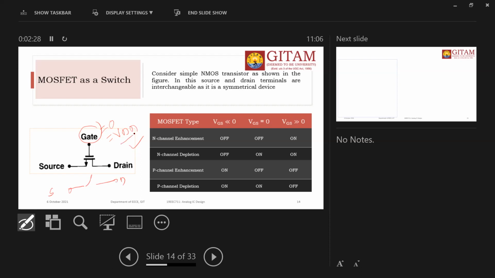Suppose it is VDD. Because it is an NMOS transistor, the switch will be closed, and then the signal may transmit from the source to drain. This is the first thing.